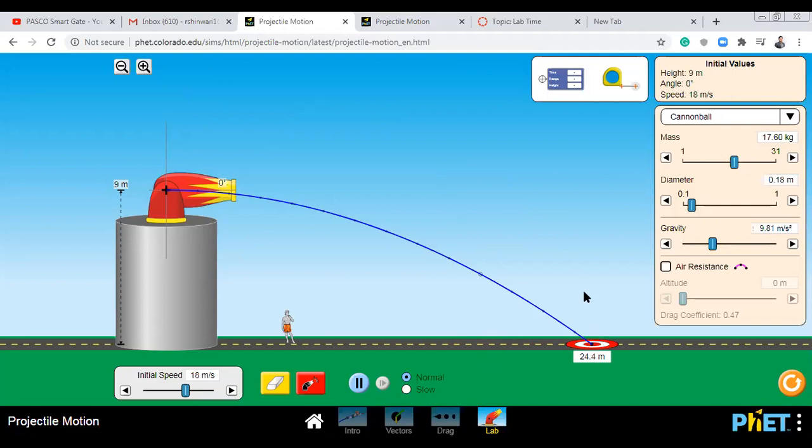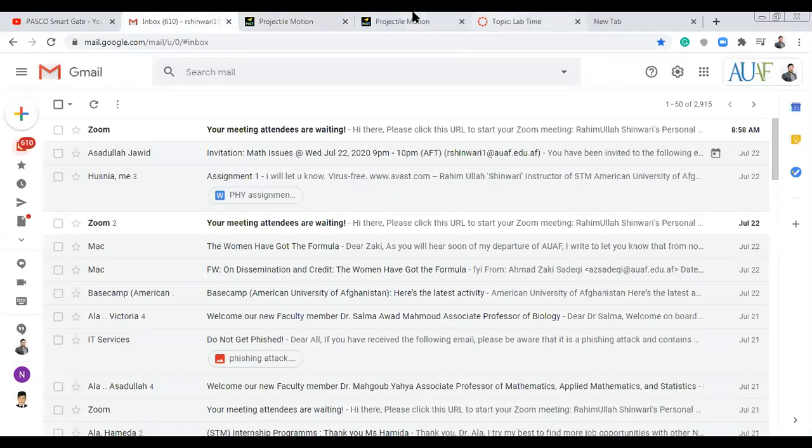Our delta y is equal to 9 meter and our initial speed is equal to 18. So we will find whether the range is equal to 24.4 or not. Again, I'm going to share and I will calculate the value for the horizontal range. You can say horizontal distance covered by the body.